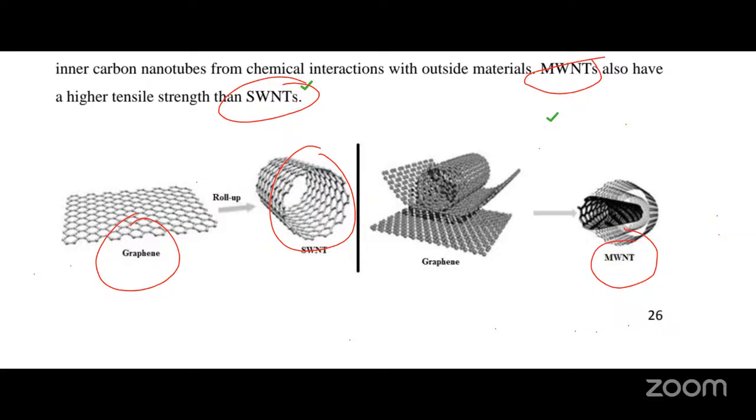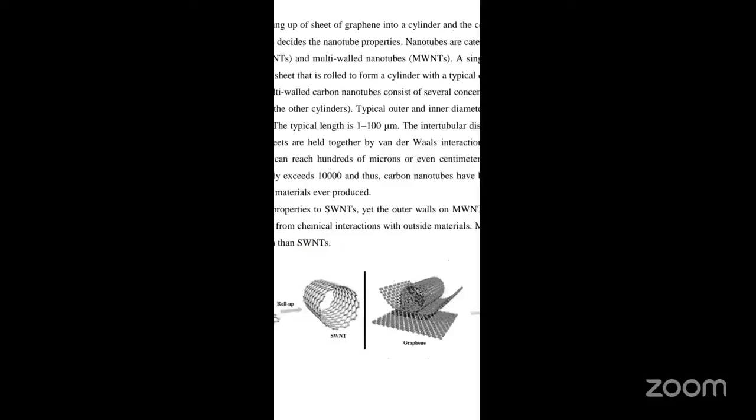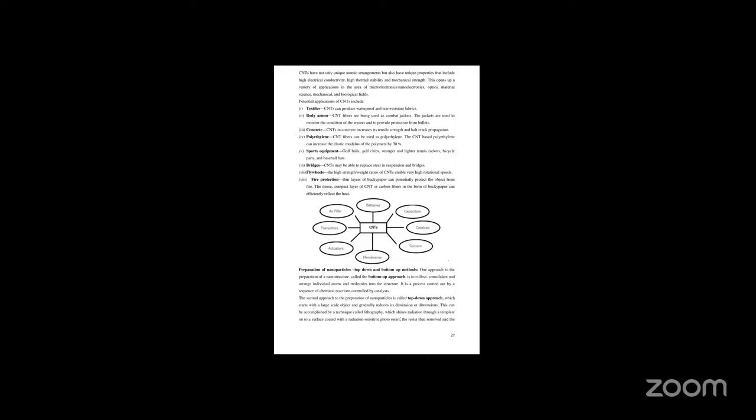There is huge importance of single-walled and multi-walled nanotubes in nanotechnology. These are examples of one-dimensional nanomaterials. You can go through the synopsis.